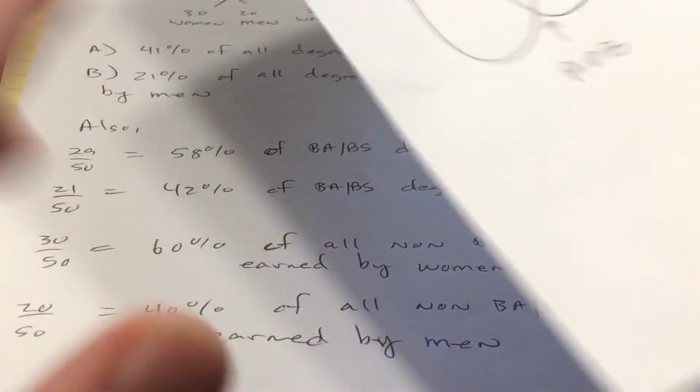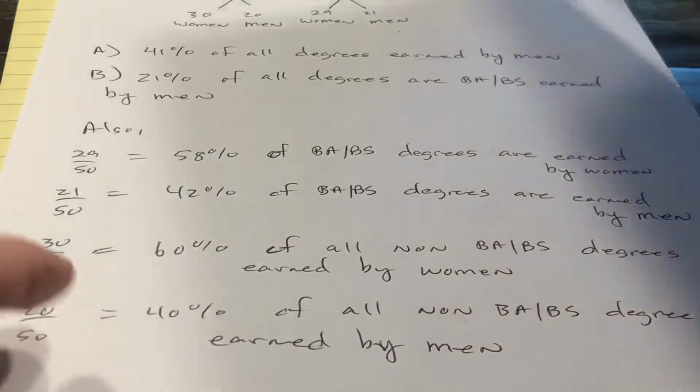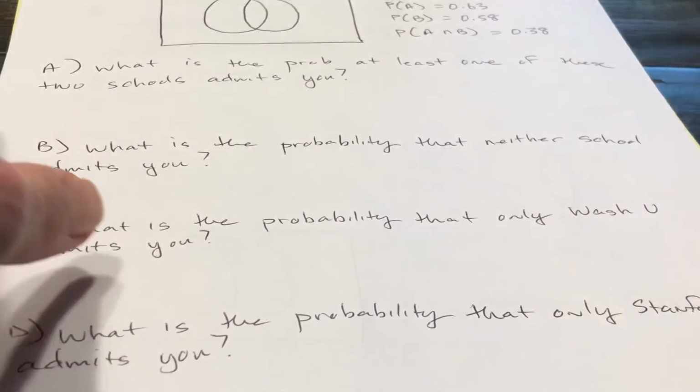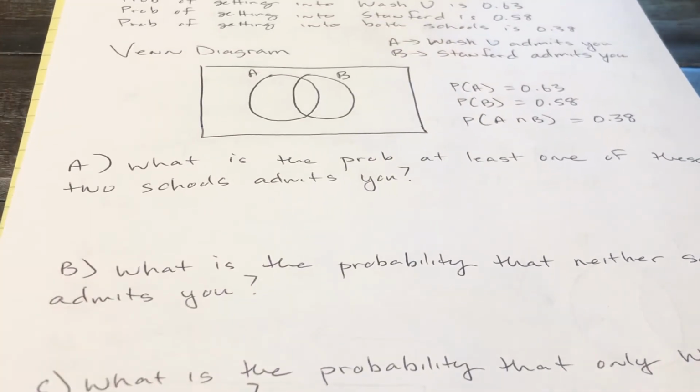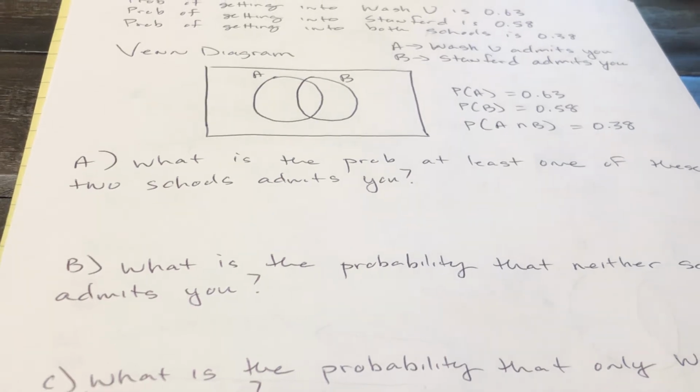And I think this was on page 15 of your packets. Page 15 of your packets. We're going to make a Venn diagram here. And you can read what it says.